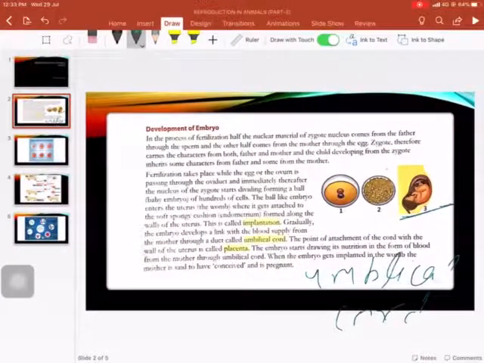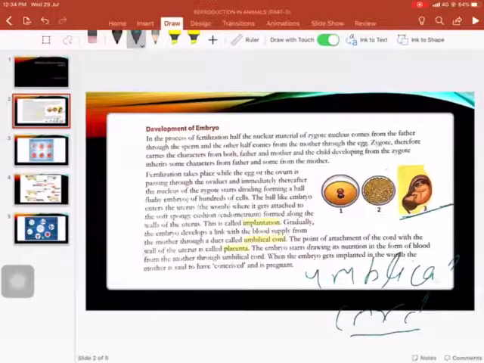You have seen, when a baby is born, there is a cord on its navel, that is called the umbilical cord. And when the birth occurs, the doctor cuts that cord, because now the baby is not inside the uterus, not in the mother's womb, it is outside. So the point of attachment of the cord with the wall of the uterus is called the placenta. The point of attachment of this umbilical cord with the mother's womb is called the placenta.